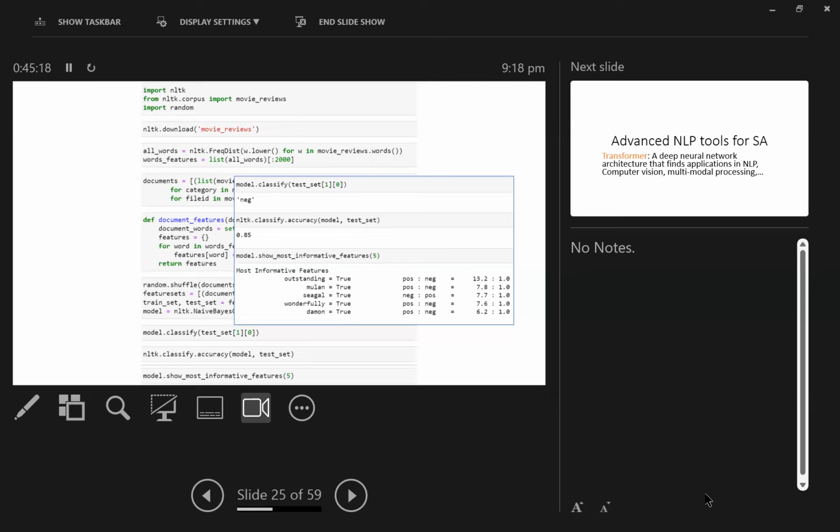And there's another function that maybe you don't need to understand, but it just tells you that out of these 2000 feature words, which are the most informative features.